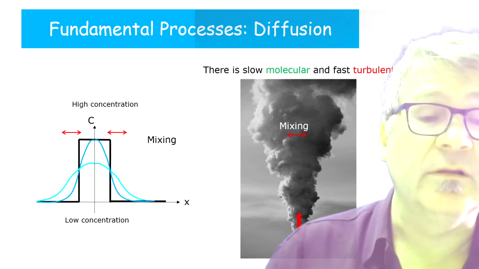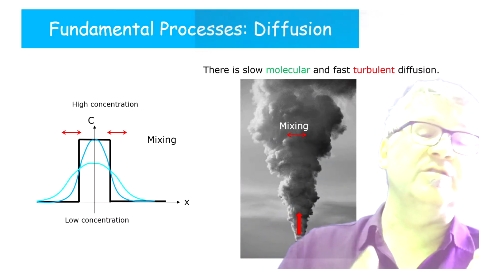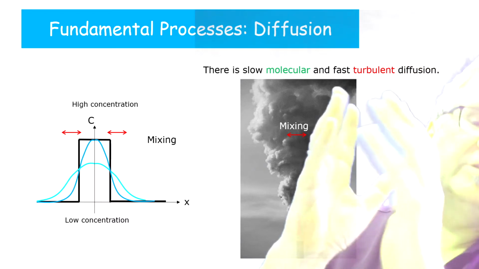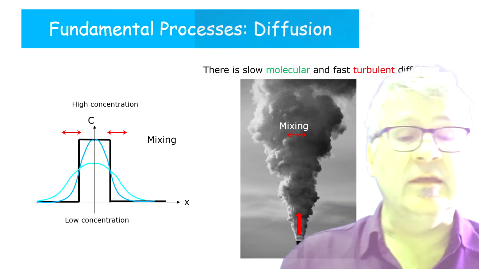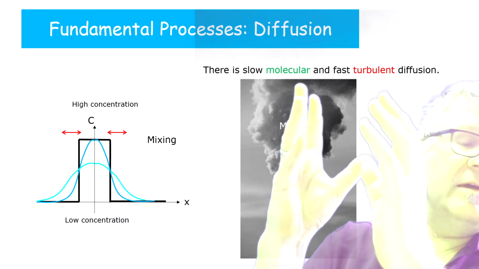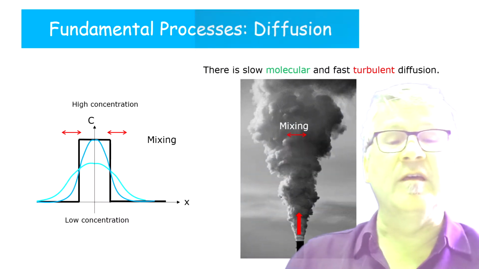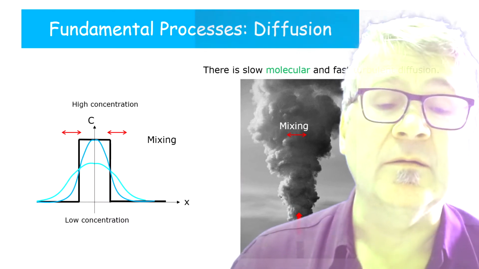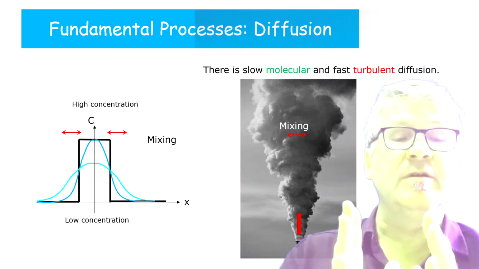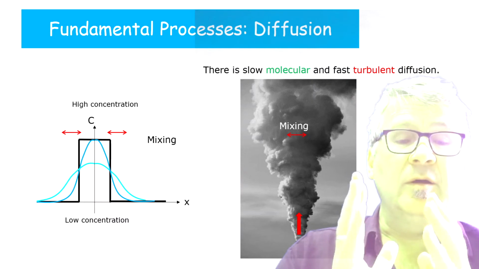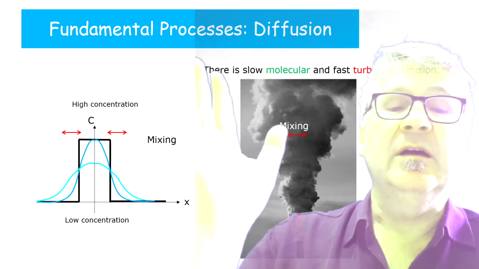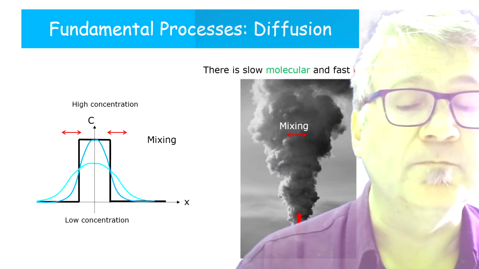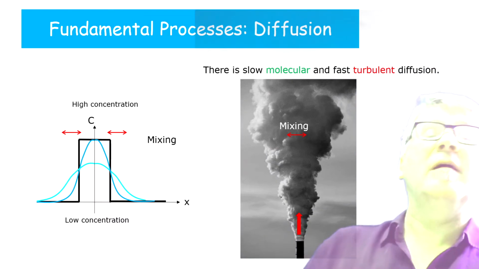Here in this example, it's just some cloud, some pollutant injected into the air, and there's some advection happening here because of the upward movement, but at the same time there is mixing happening. Mixing leads to an increase in the width of this smoke plume.